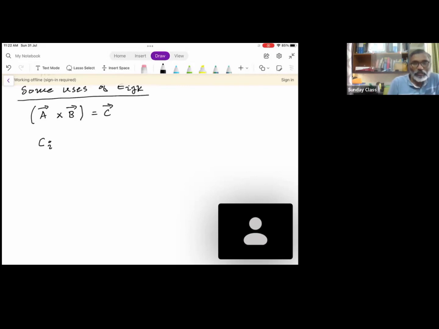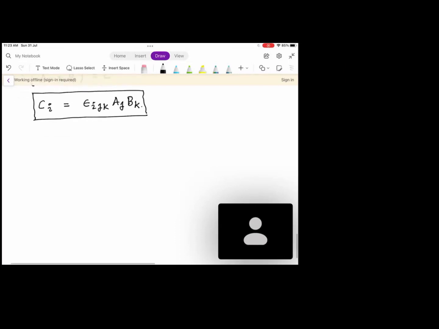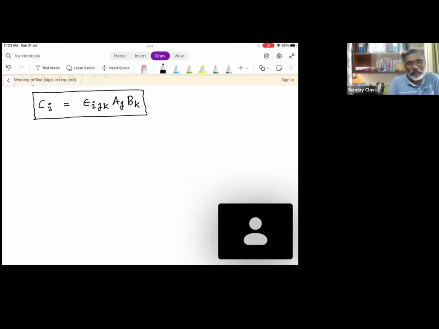In the index notation, C vector is written as Ci, right? I is the free index. So you can see that this is equal to epsilon ijk into aj bk. In the index notation, this is how we write down a cross product. Now let's try to understand this.